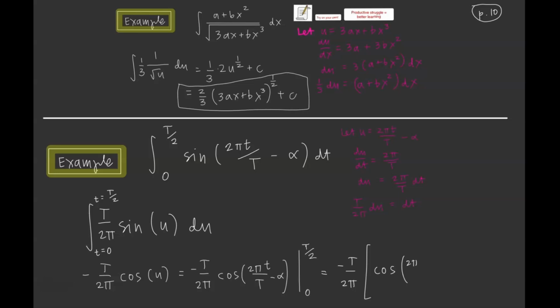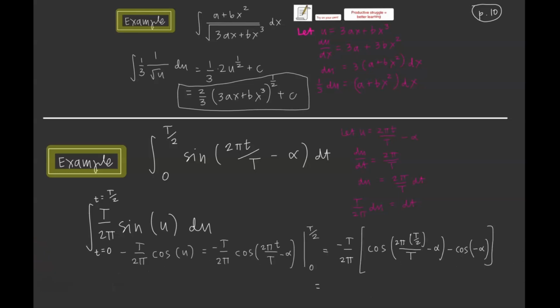Cosine of 2 pi, and now my variable little t is this big T over 2 divided by big T minus alpha. That's the first upper limit, minus cosine of 0 minus alpha, negative alpha. And now I'm going to clean it up. I've got negative big T over 2 pi times cosine 2 pi times big T over 2 over big T minus alpha.